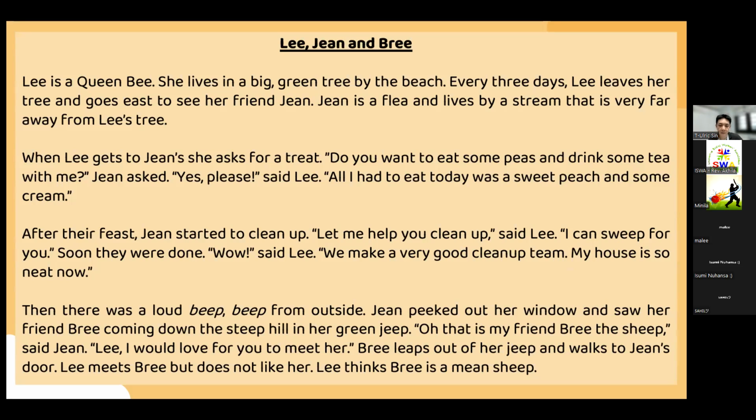Jean peeked out her window and saw her friend Bree coming down the steep hill in her green jeep. Oh, that is my friend Bree the sheep, said Jean. Lee, I would love for you to meet her. Bree leaps out of her jeep and walks to Jean's door. Lee meets Bree but does not like her. Lee thinks Bree is a mean sheep.